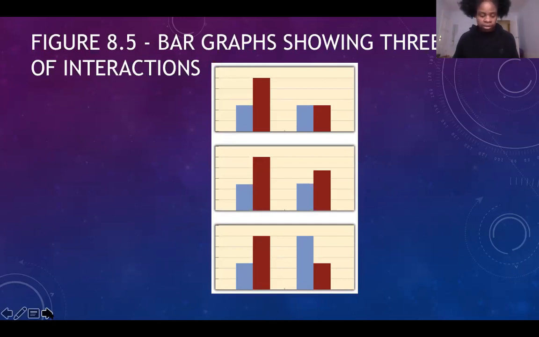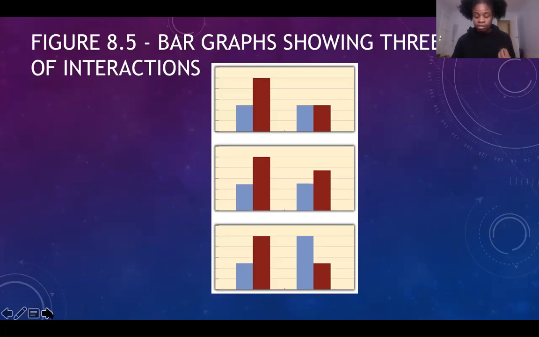In the middle panel, one independent variable has a stronger effect at one level of the second independent variable than at the other. And in the bottom panel, the last one, one independent variable has the opposite effect at one level of the second independent variable than at the other. Okay? So again, the effect of one independent variable can depend on the level of the other in different ways. And we are referring to figure 8.5 to illustrate this, okay?